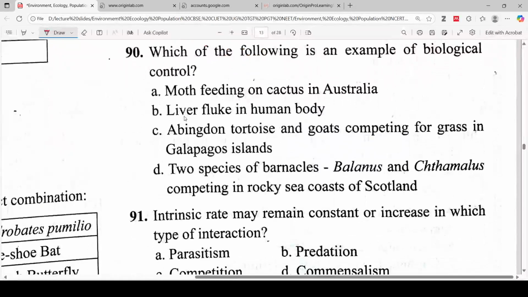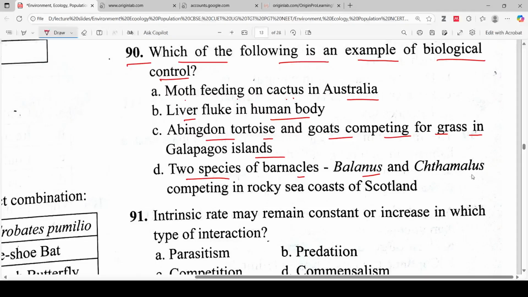Next question. Which of the following is an example of biological control? Moth feeding on cactus in Australia, liver fluke in human body, Abingdon tortoise and goat competing for grass in Galapagos Island, two species of barnacle, Balanus and Thamalas, competing in rocky sea coast of Scotland.